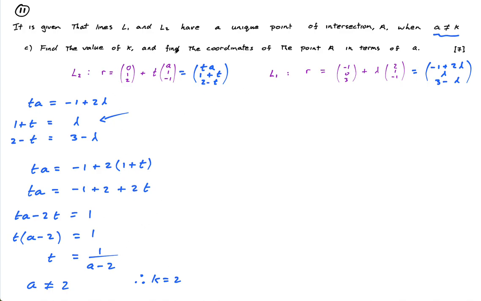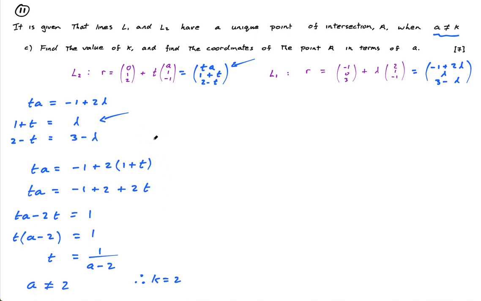Okay, then it says find the coordinates of the point of intersection in terms of little a. So I have t, so I don't even need to find lambda, guys. You could find lambda and then sub it in there, but you don't need to, because you have t. This is all the points on the line, and the point of intersection will be this point when t is 1 over a minus 2, because that's what we found t to be by solving these equations.